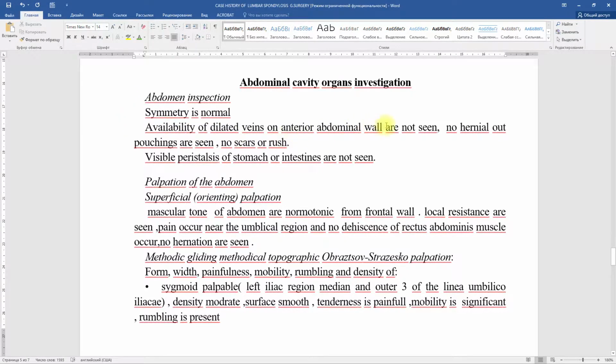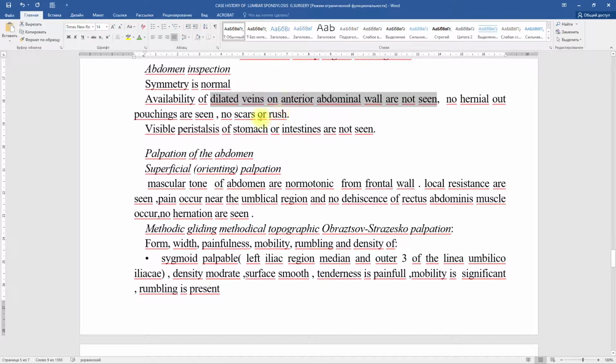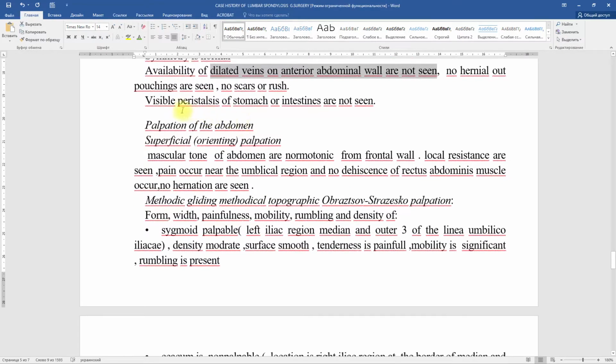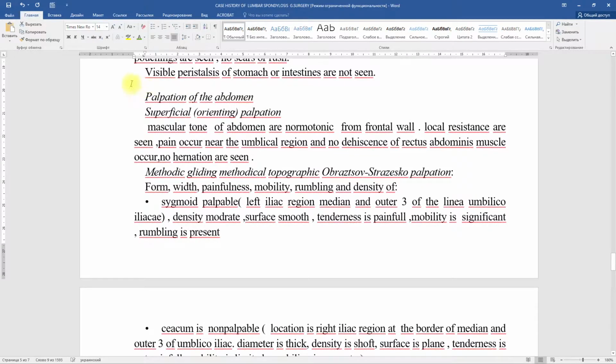Symmetry, no dilatated veins on the abdominal wall, yes. No hernias, no scars, perfect. Visible peristalsis, not seen. This is an important sign.